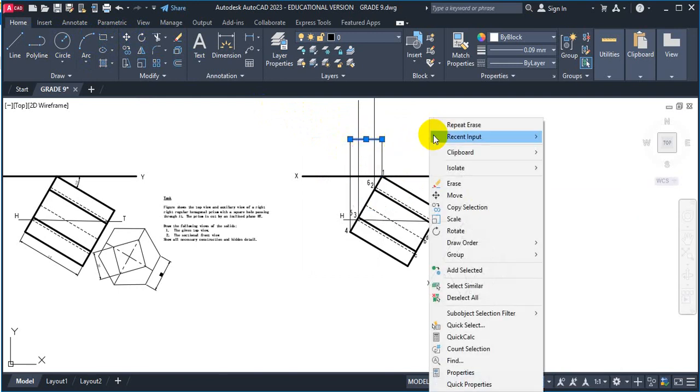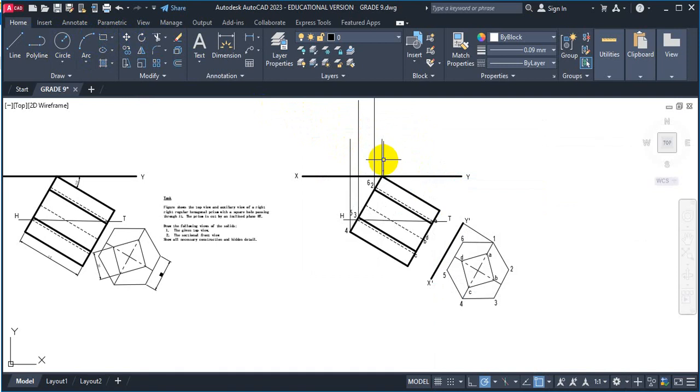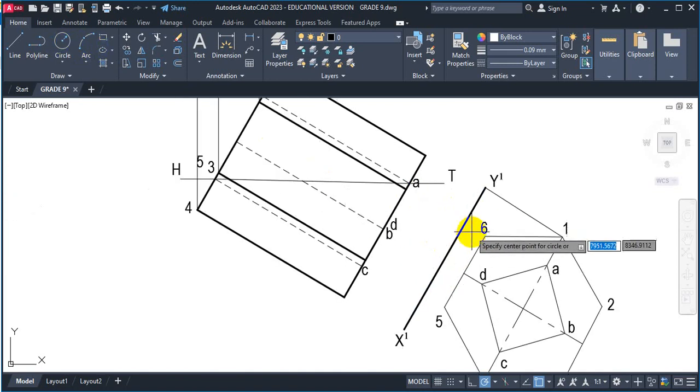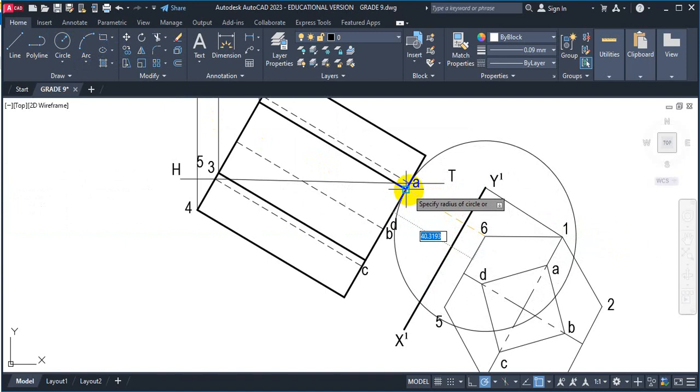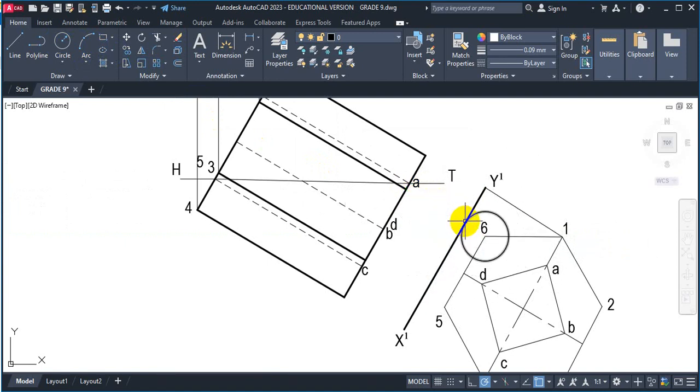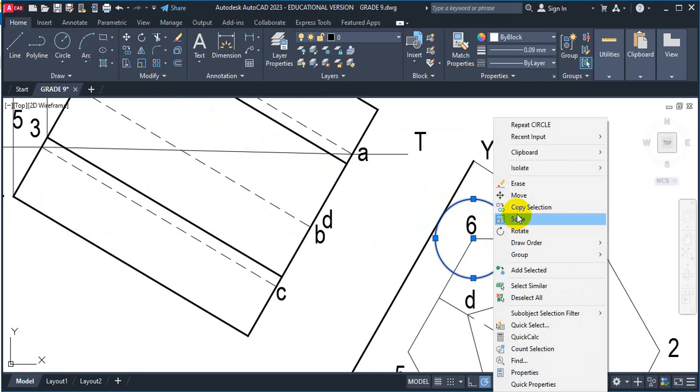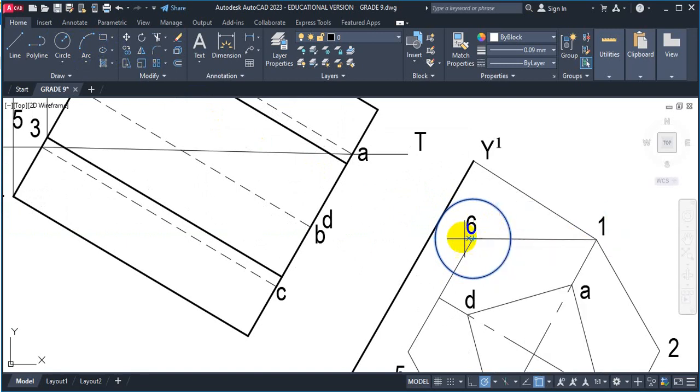Can you allow me to move this again? So we have now the distance of 1 as well as 4. Let's take the distance now of 6. Remember, 6 and 5 will be the same distance. Now let's assume that will be the distance, yes. So I took the distance from 6 to the X1, Y1 line.